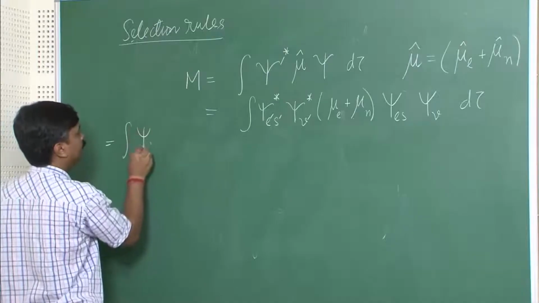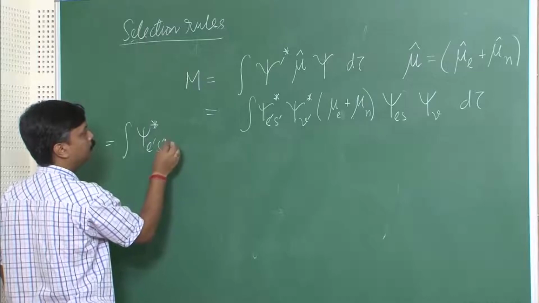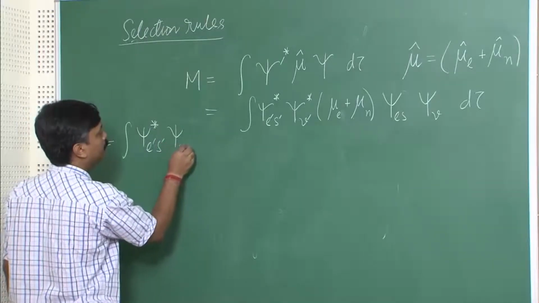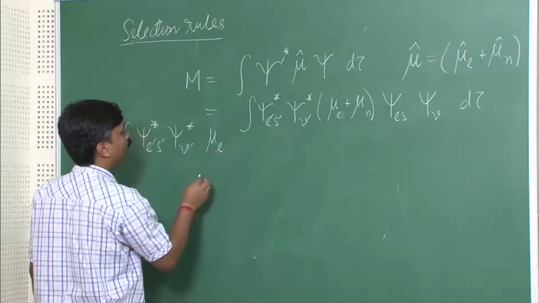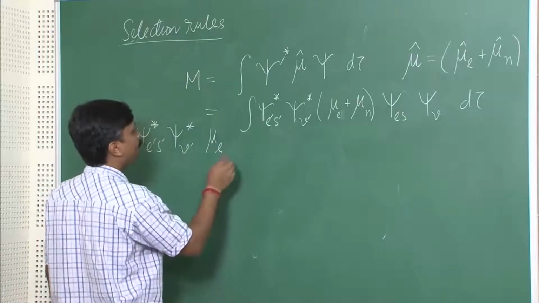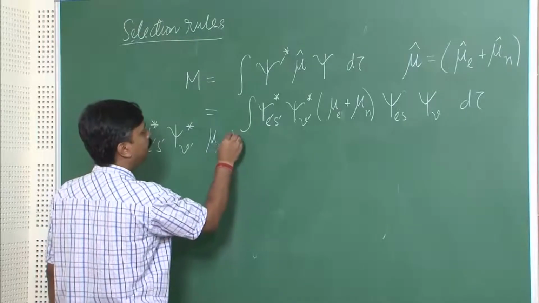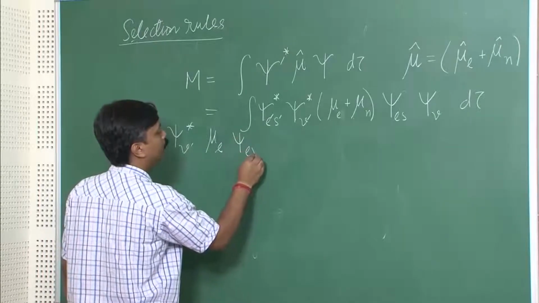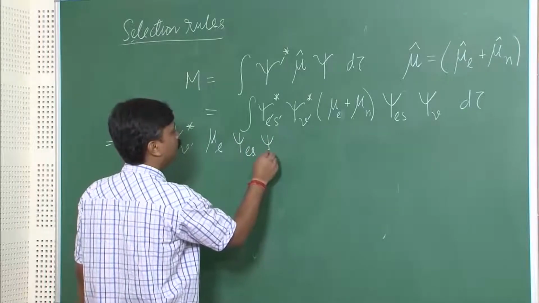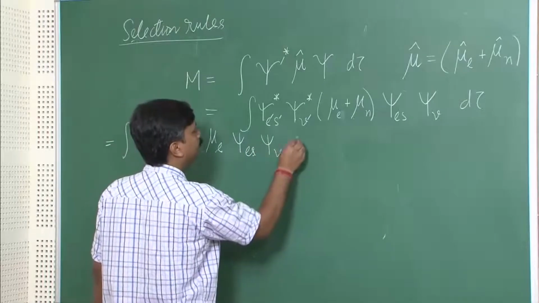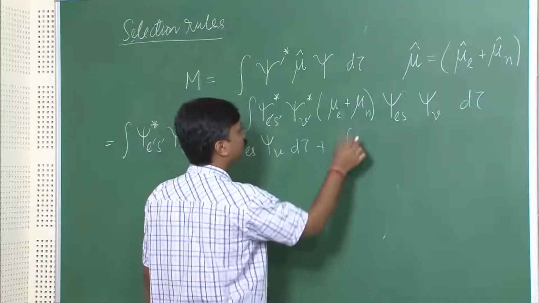I can have psi E prime S prime, psi V prime, and I can have it over mu E, and you have the left over part, mu ES, mu V d tau, plus the other integral using this mu N coordinate.